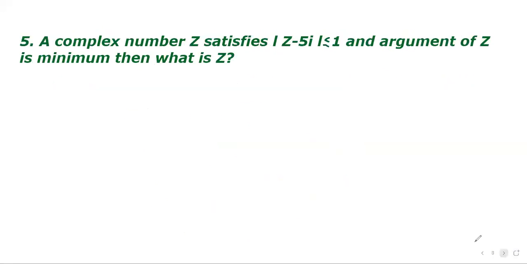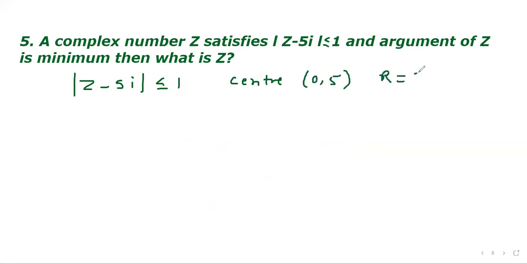Now consider next question. A complex number z satisfies modulus z minus 5i is less than or equal to 1 and argument of z is minimum, then what is z? Clearly, modulus z minus 5i less than or equal to 1 represents a circle with center 0 comma 5 and radius 1.